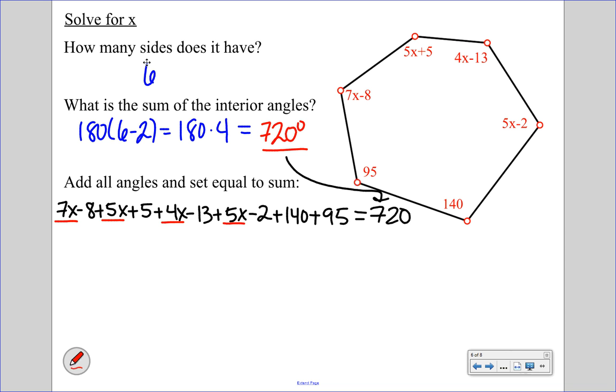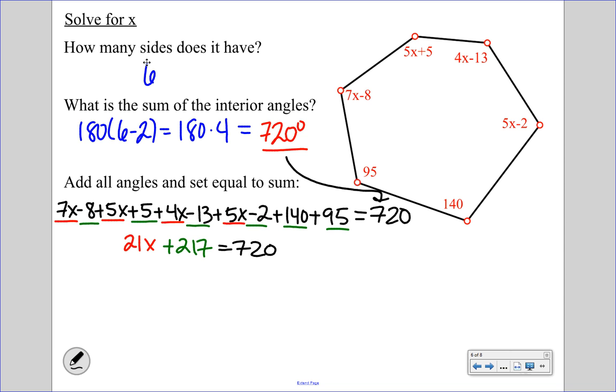This is where some mistakes are made, so make sure you're very careful when combining your like terms. 7x plus 5x plus 4x plus 5x is going to be 21x. Next up, we're going to combine our numbers or constants. So we get negative 8 plus 5 minus 13 minus 2 plus 140 plus 95. And that gives us a positive 217, and that'll equal 720.